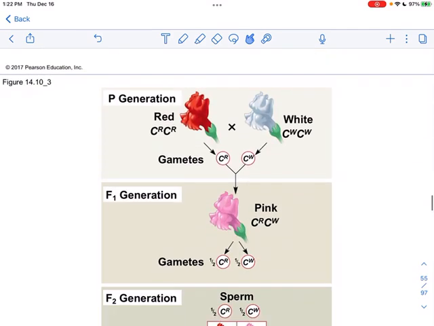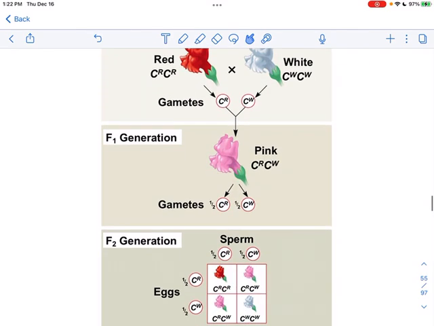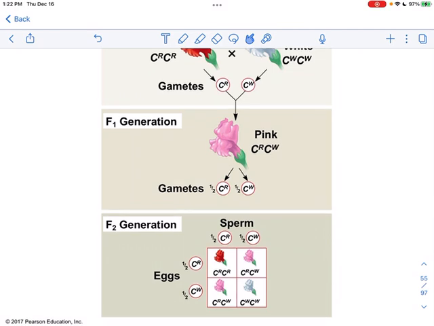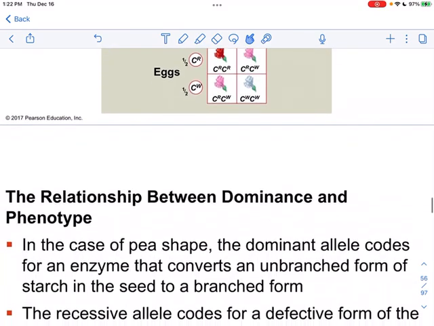But if we were to cross two pink flowers, then you'll see in this Punnett square at the bottom here that sometimes those red alleles come back together, so you'll make red snapdragons. Sometimes the white alleles come back together, so you would also get white snapdragons, and then about half of the offspring of a pink-pink cross would also end up being pink, right?